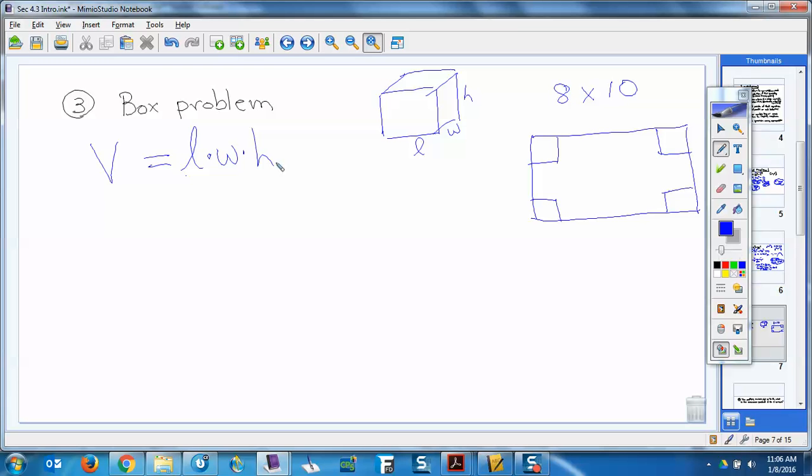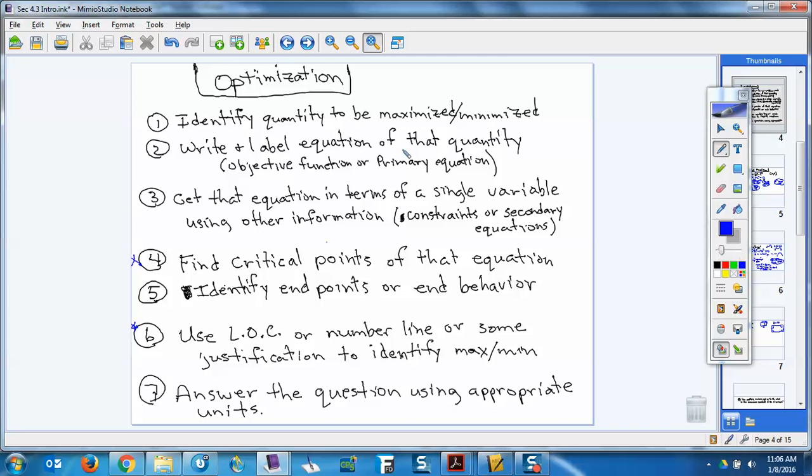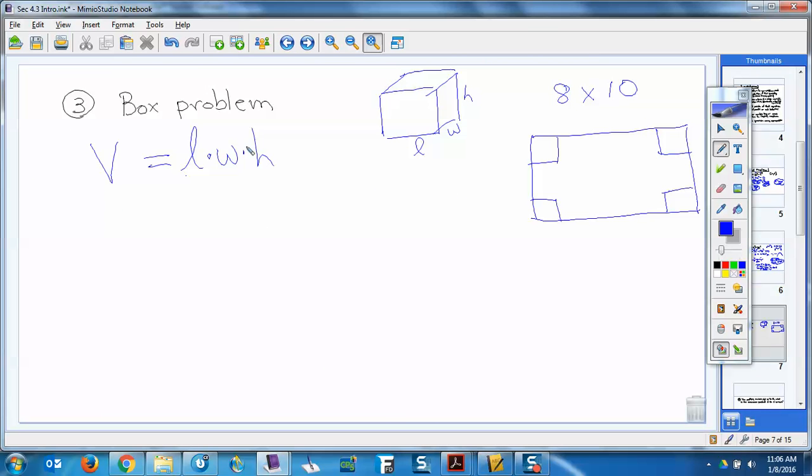Okay, so let's go to our picture. Again, our steps back here: write and label the equation of that quantity, or I should have probably said draw a picture and label. A picture should be in here somewhere. That's usually part of step 2 in these situations. So what can I do here?